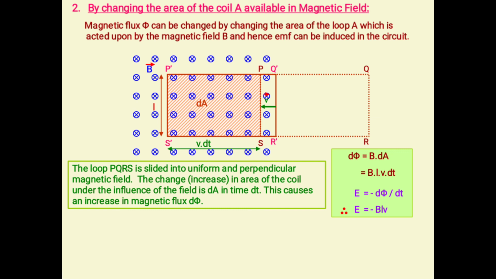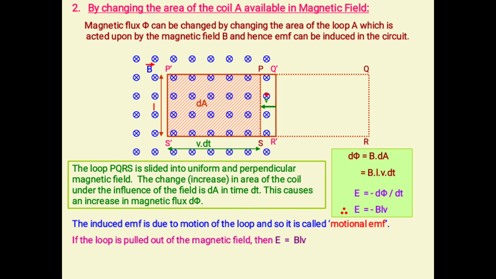Therefore it is area only. And E is minus d phi by dt. Dividing the above by dt, we have E equals minus BLv. This minus BLv is motional EMF, where B is magnetic field, L is side of the coil, and v is velocity with which it is moving. And we can have induced EMF. This EMF is called motional EMF.